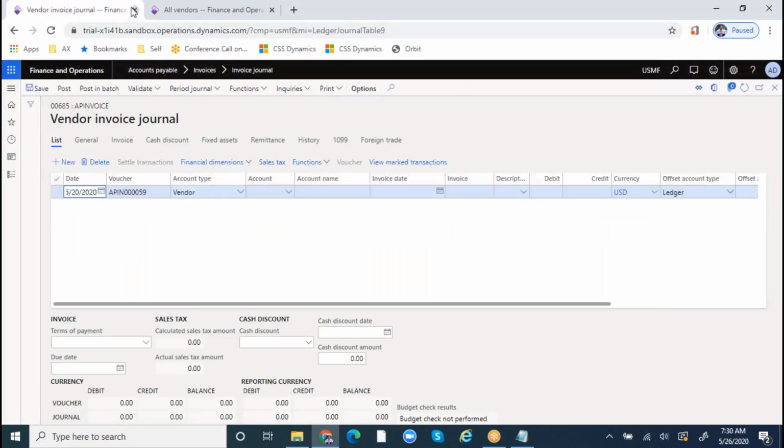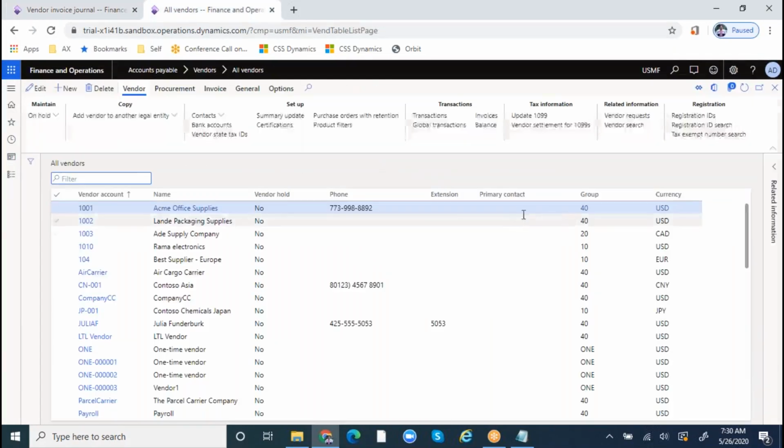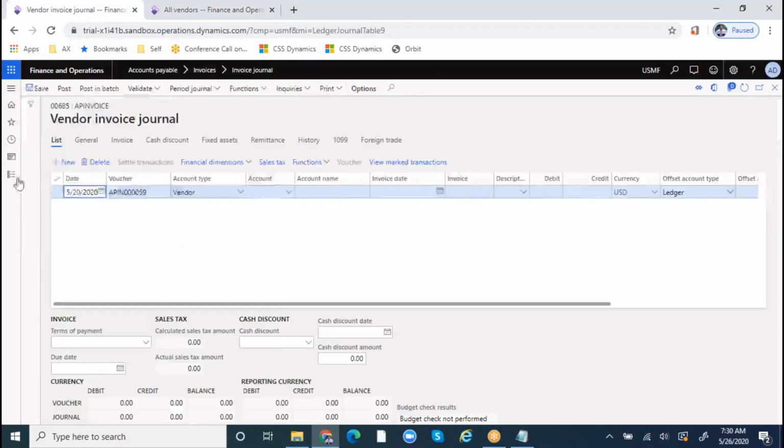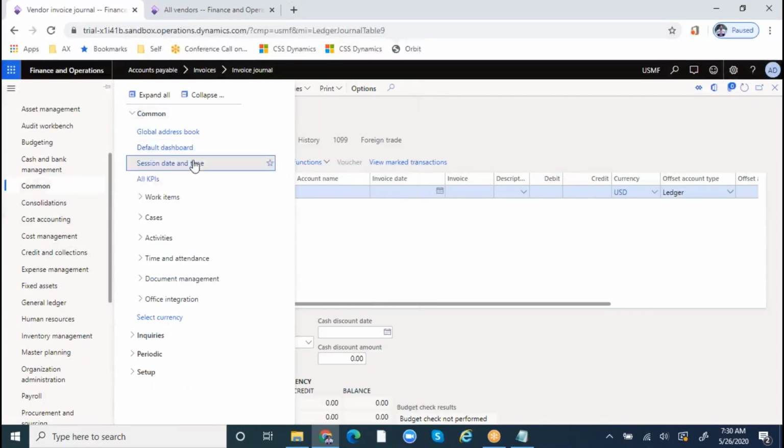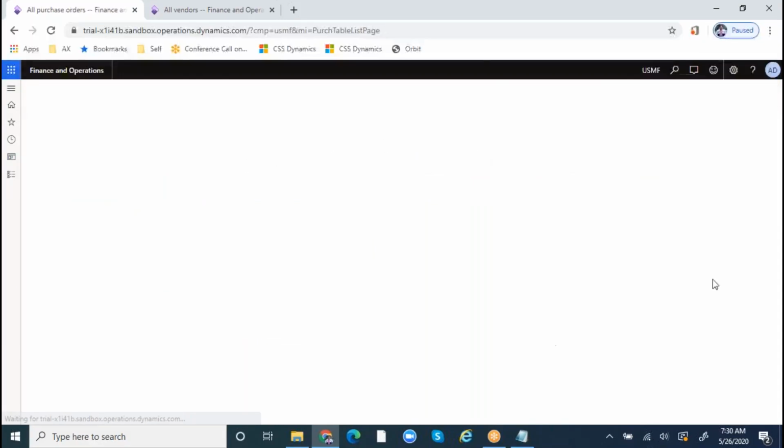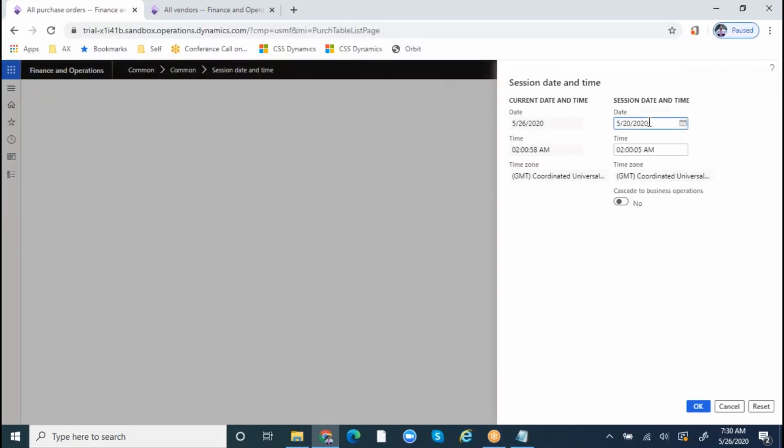As soon as you close this form, it will disappear. For this form, once again, the session date is 26th only. This session date is common, session date and time, and it is only temporary for you. Say on 1st June I'm posting some transactions, around 30-40 transactions pending on 30th May.